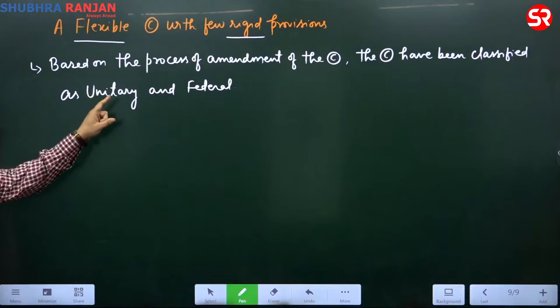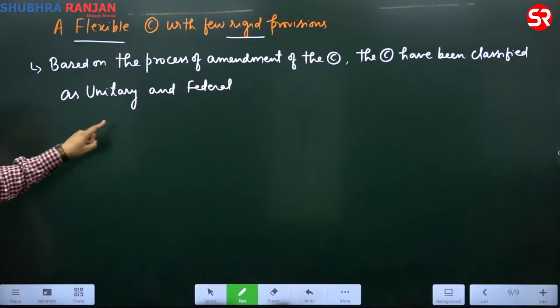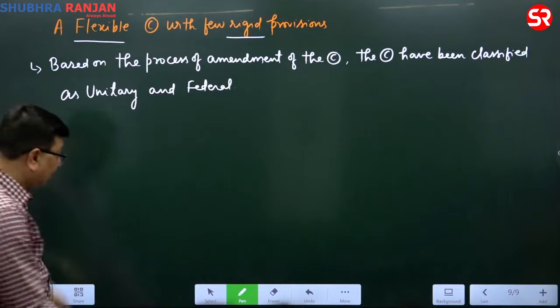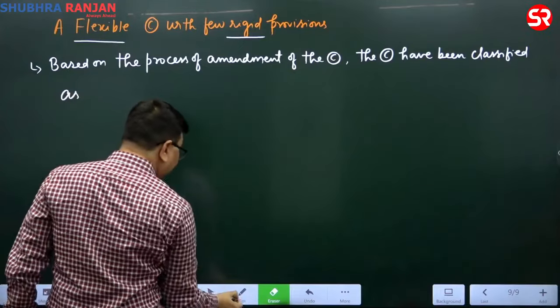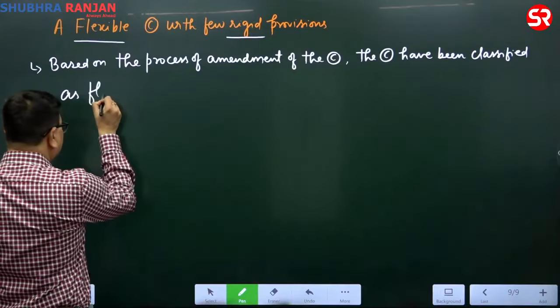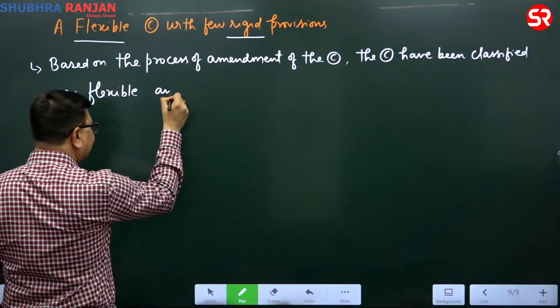Based on the process of amendment. That is how the constitution is amended. Amendment means changed. How the constitution will be changed. Based on that, we have got the constitution as flexible and rigid.